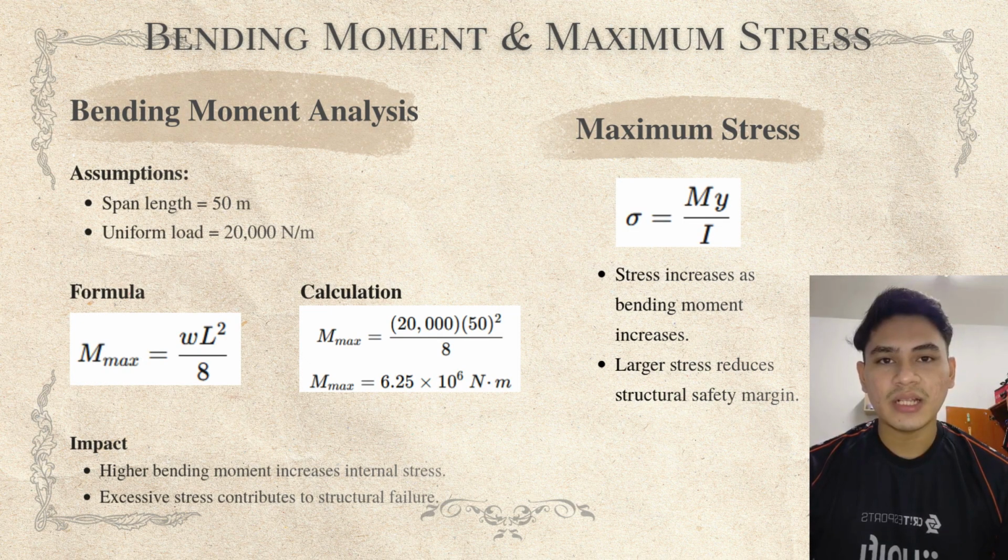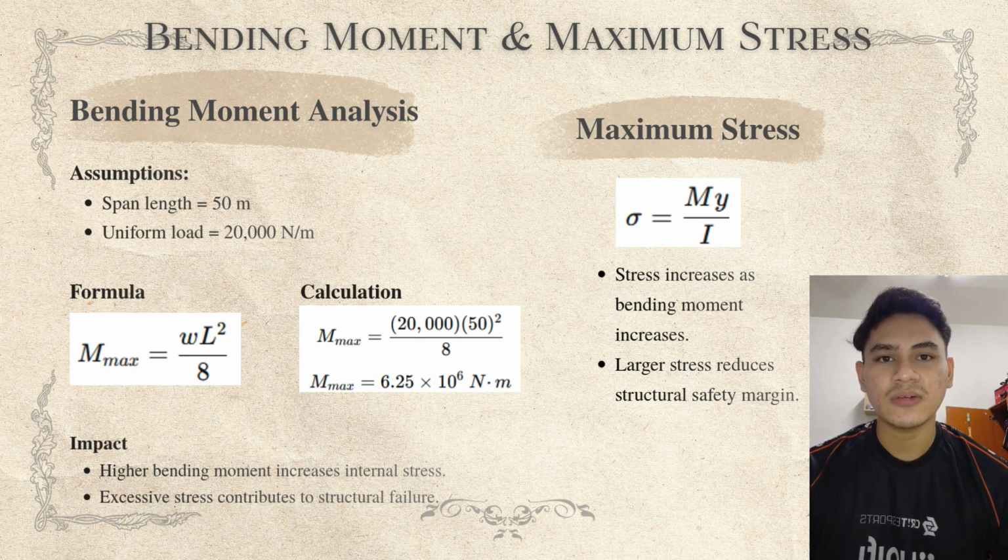For this slide, I will explain the bending moment analysis and maximum stress. The assumptions used in this calculation are a span length of 50 meters and a uniformly distributed load of 20,000 Newton per meter. The formula used to calculate the maximum bending moment is wL² divided by 8.